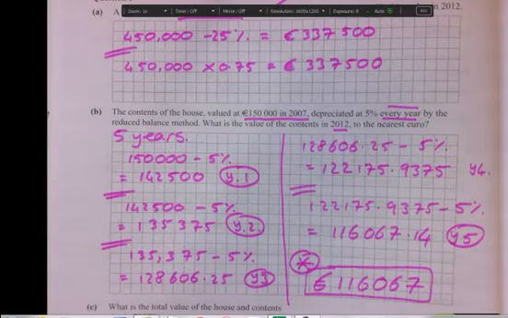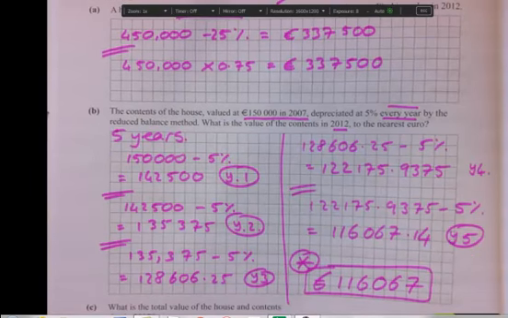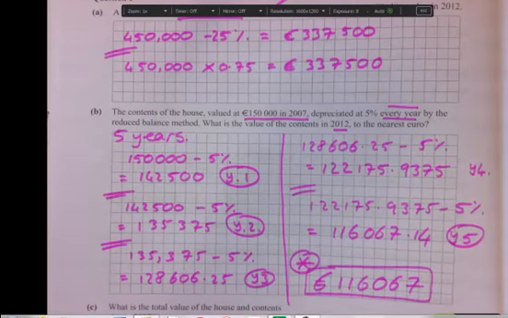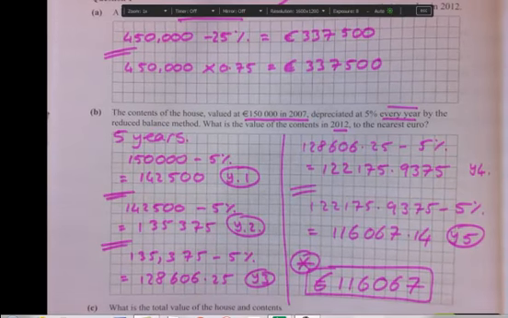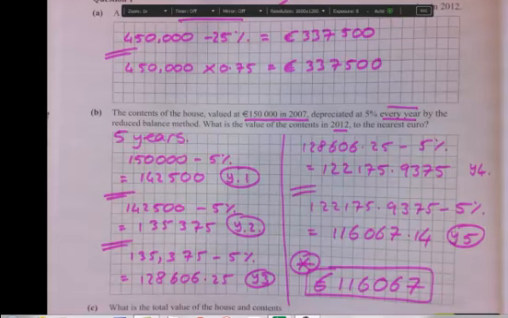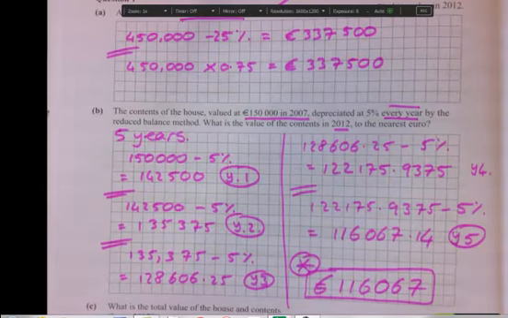You'll get 453,567. So that's part C1 answered and part C2.